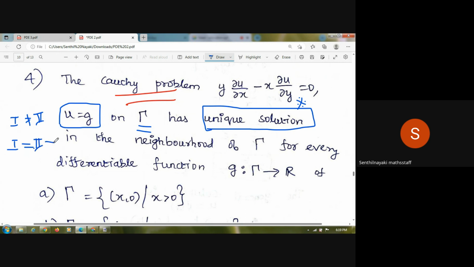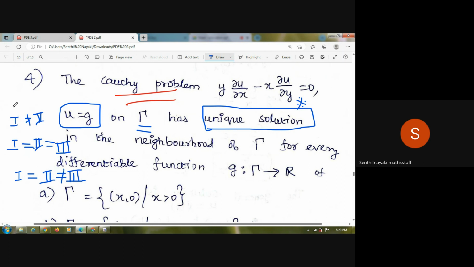And the third point is, if the first ratio is equal to the second ratio, and these two are not equal to the third one, then this has no solution. Here in the question itself they have mentioned this Cauchy problem has a unique solution.